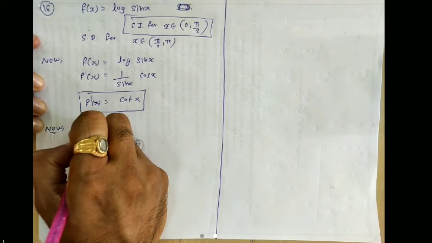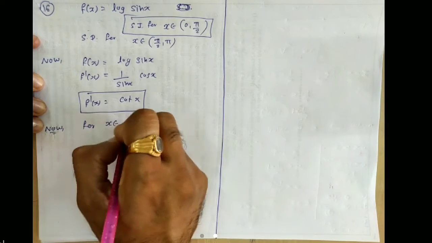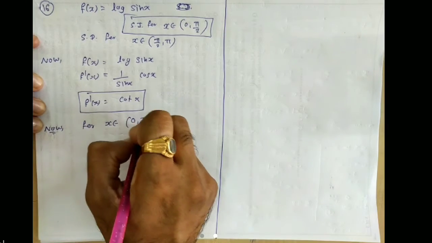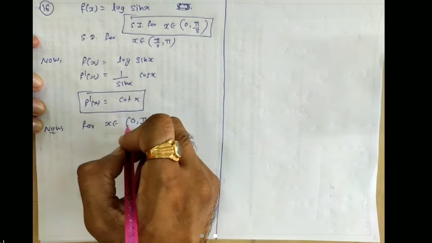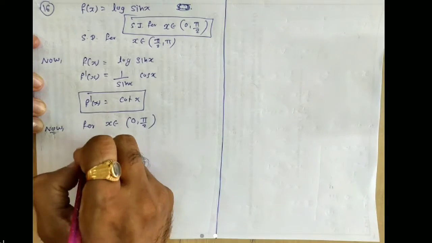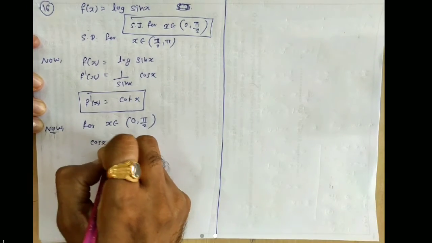Now for the first case, for x belongs to 0 to pi by 2, we have to check the sign of this f dash x. For x belongs to 0 to pi by 2, cos x is greater than 0.